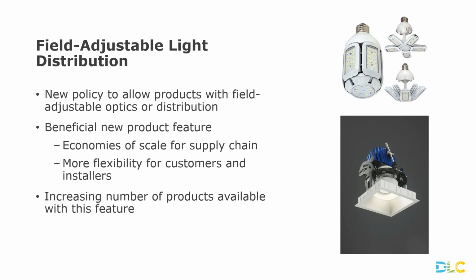So let me start with a brief introduction here. What is this? These field adjustable products are products where you can adjust the distribution in the field. This offers a number of benefits, economies of scale for the supply chain, where you can now have a single product that can do what used to require several different products or different model numbers of products.